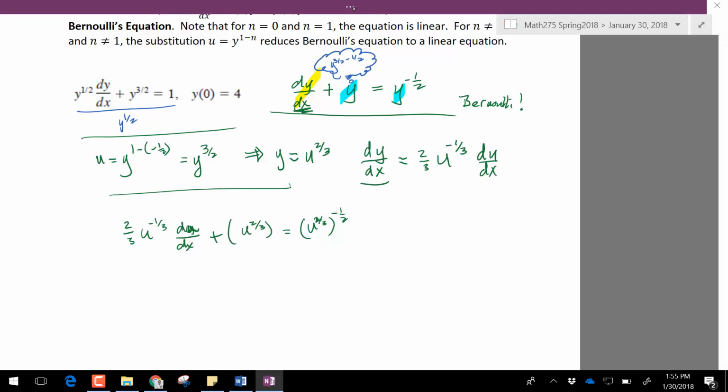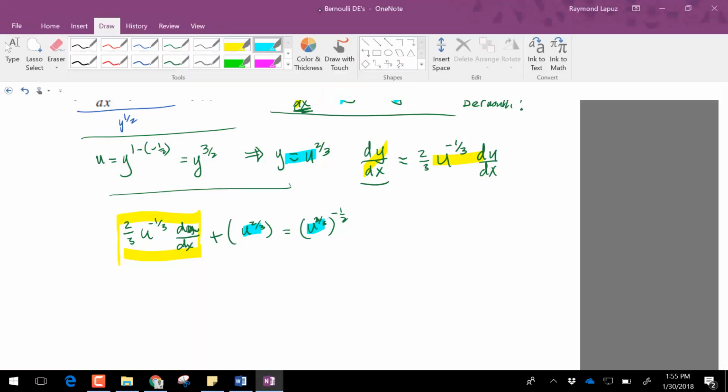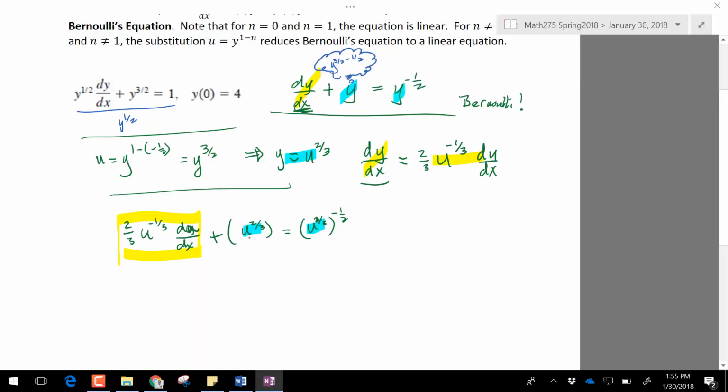So I made these substitutions, the dy dx, the y's, and then they're fitting in this. So now I have a differential equation with u and x and no more y's.